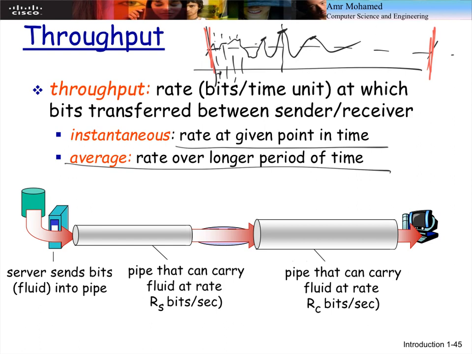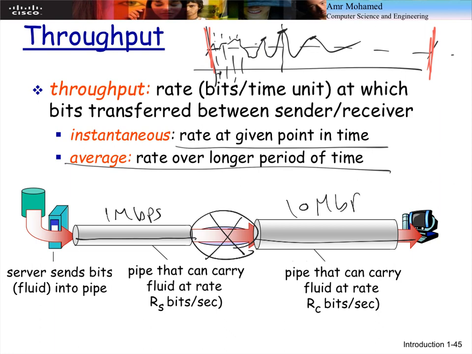So, for example, here there could be a router, okay? So this is a link, and this is another link. This could be 1 megabit per second, and this could be 10 megabits per second Ethernet. Of course, this is the theoretical rate, but what you achieve here, for example, is let's say 700K.